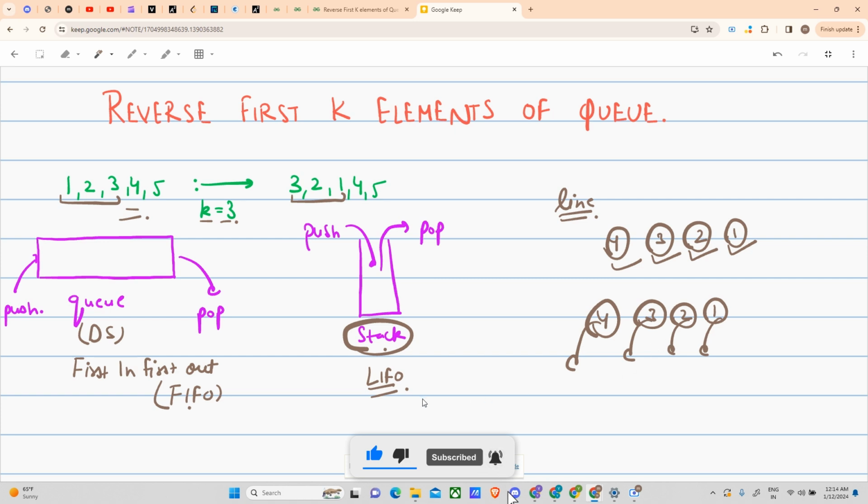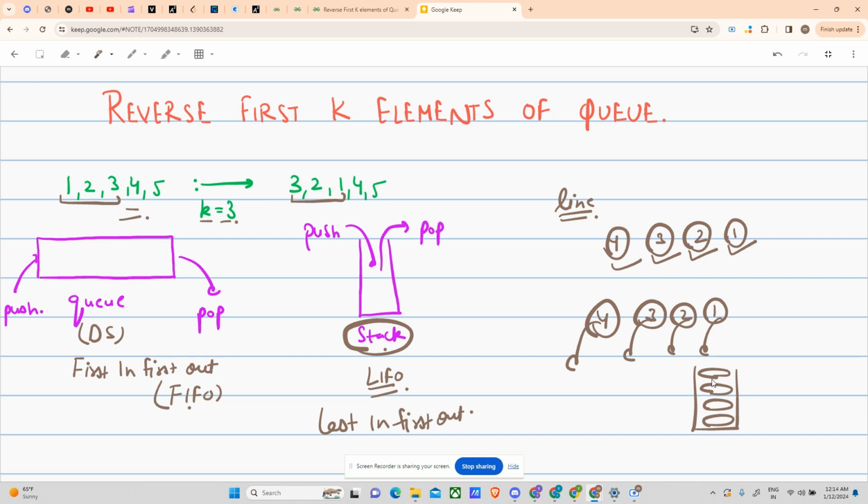This is the stack. A stack is last in, first out. This can be visualized as a stack of plates. Suppose this is your first plate, this is your second plate, this is your third plate, this is your fourth plate. Now if I say remove one of the plates, it is natural that you will remove the last plate put in the stack. You can visualize queue and stack from here.